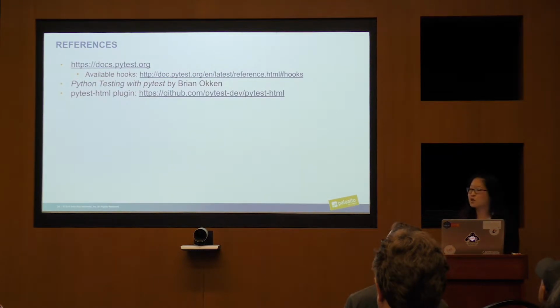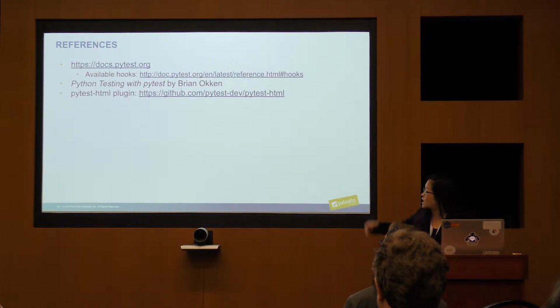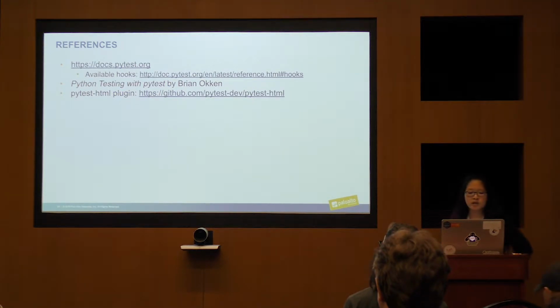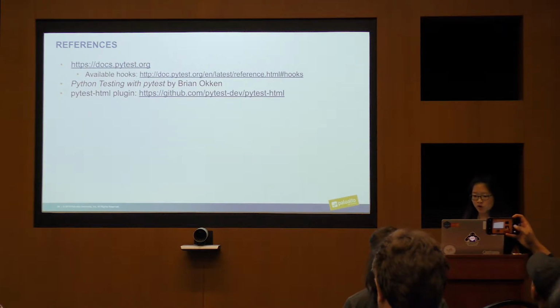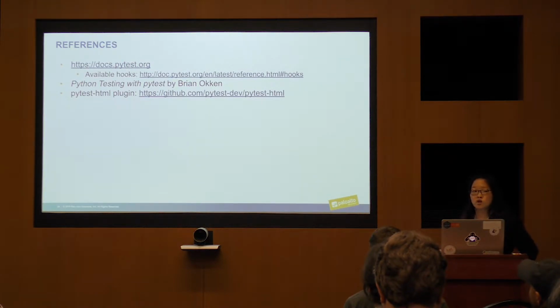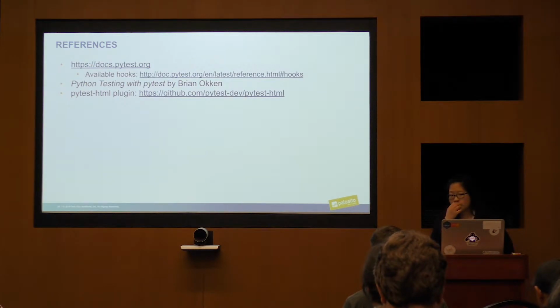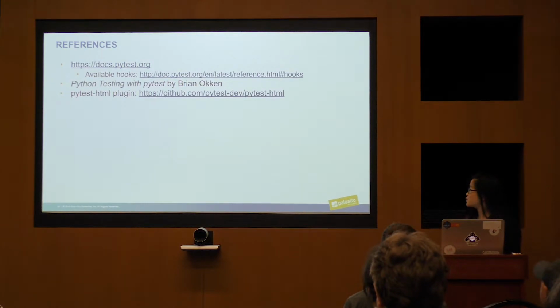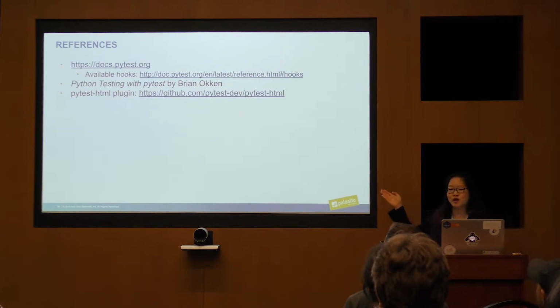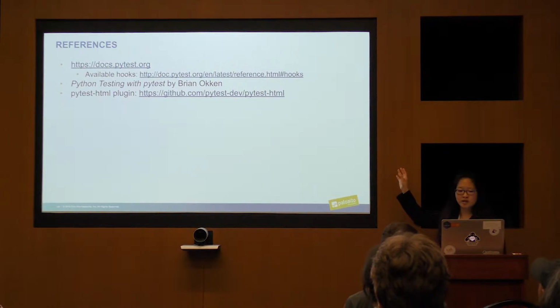And I promised you a link earlier, so this last link, the first one that says available hooks, is a very handy reference for all the different hook functions that are available to you. There was another tip I have for you, which is that there isn't a ton of documentation there. This is basically the source code.